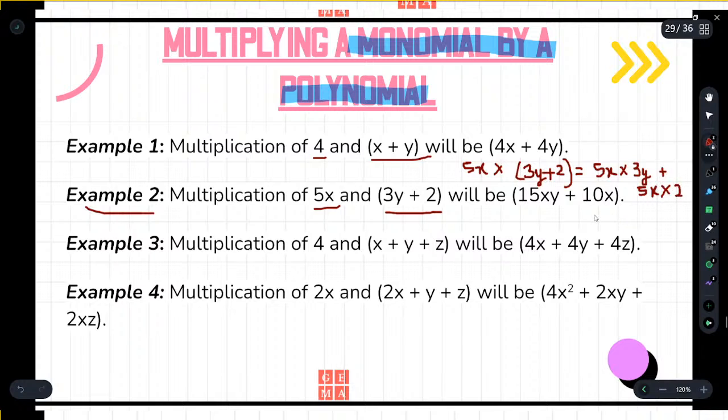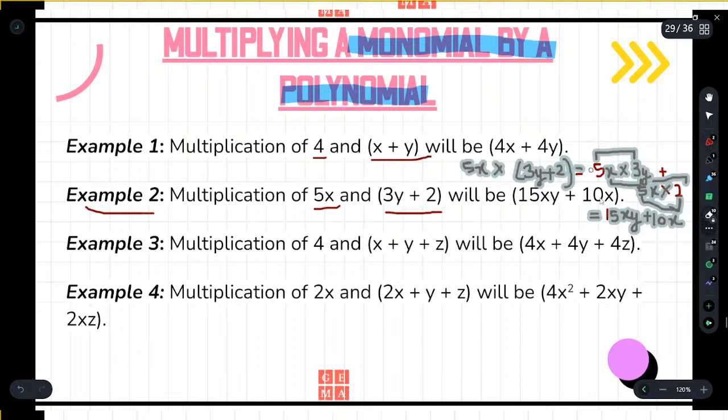Now, this will become the multiplication of a monomial by a monomial, right? So, let's do for these two first. 5 into 3 is 15, multiplying the coefficients, and multiplication of two different variables, x, y. Plus, multiplying these coefficients, 5 into 2 is 10, and x into 1 is x. So 10x will be our answer.